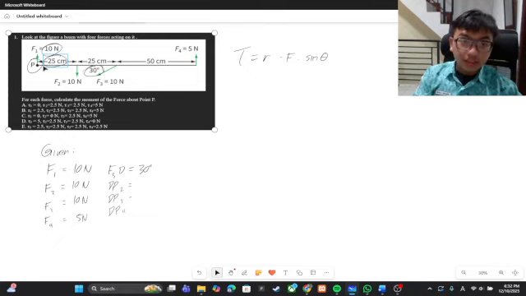For this one, dP2 is 25 centimeter. dP3 is 25 plus 25 is equal to 50 centimeter. For dP4, it's 50 plus dP3, aka 50 centimeter, is equal to 100 centimeter.